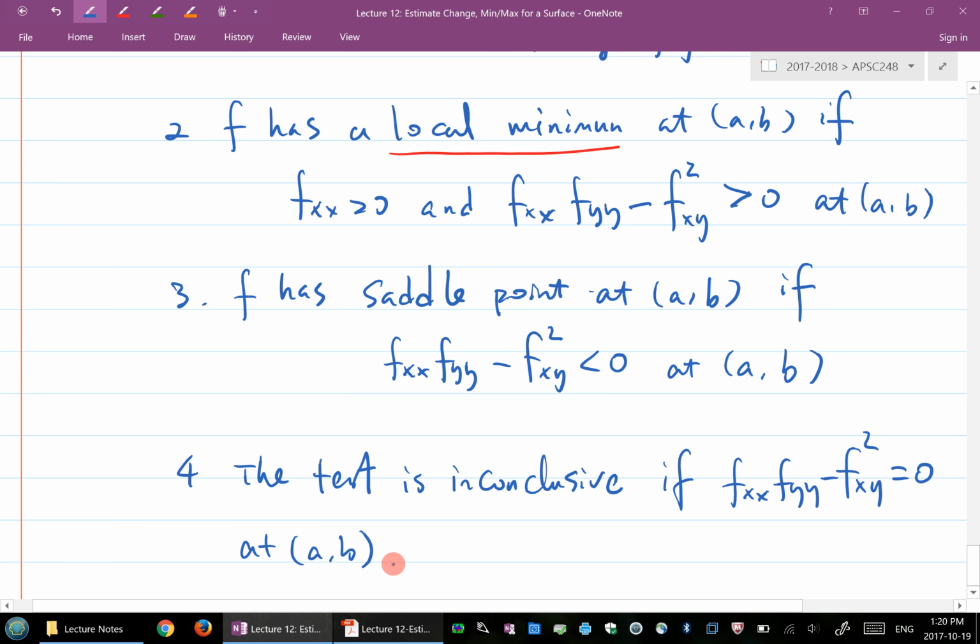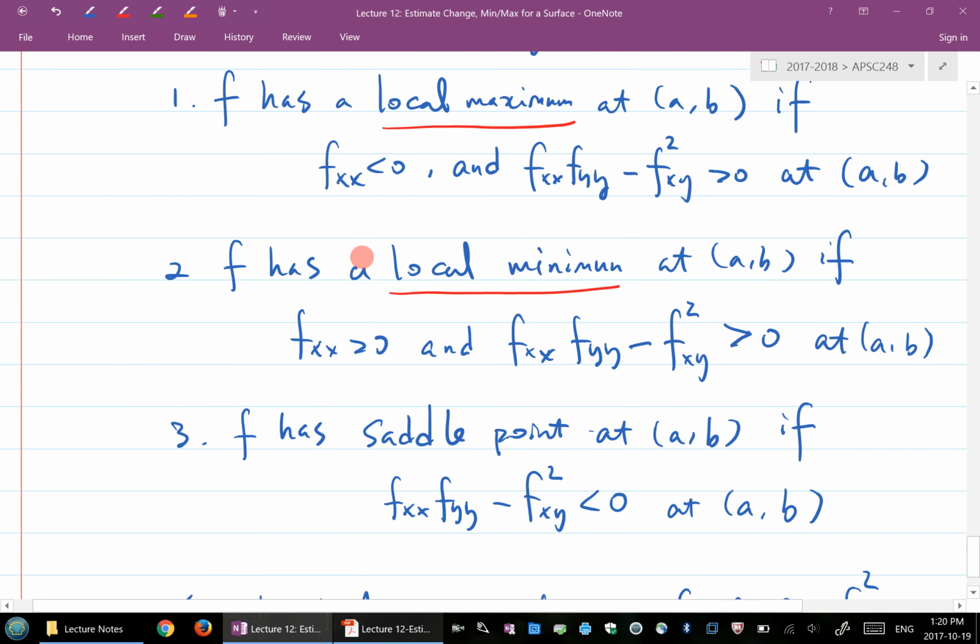You would have to do a higher order derivative test, a third order derivative test. But for us, that should be enough to cover the different cases, 1, 2, 3. This formula will be given to you in the final exam, but you'll have some opportunity to practice with it. I'll give you an example later.